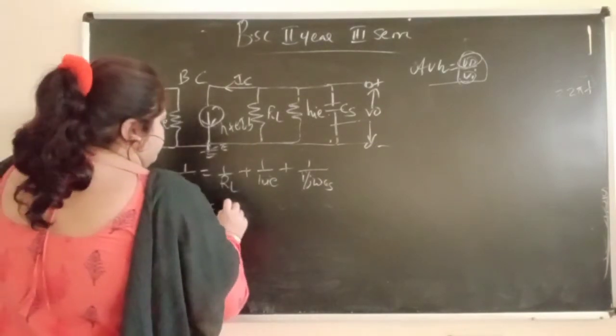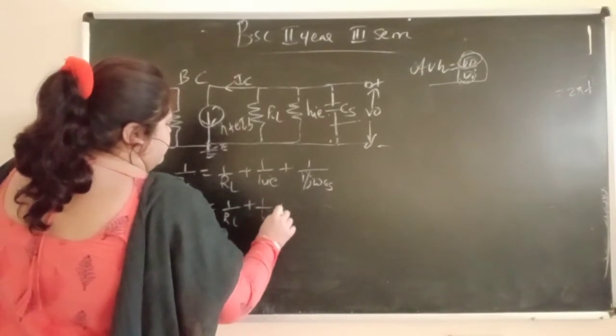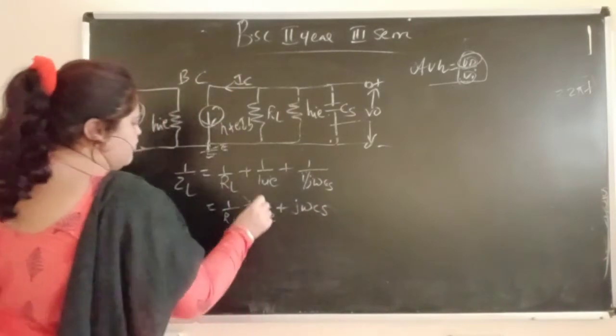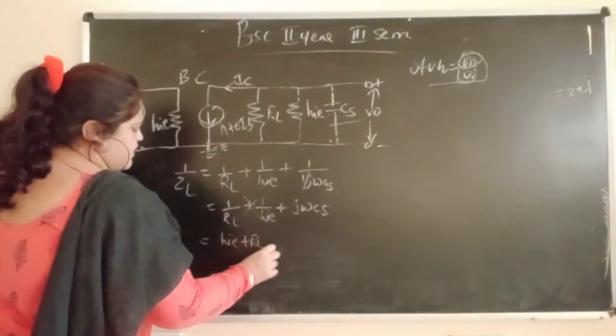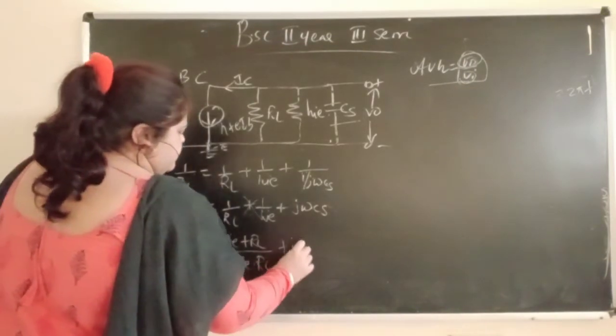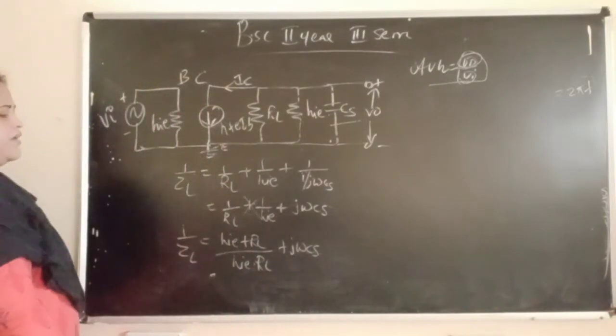So 1 by 1 by j omega CS will become j omega CS. It becomes 1 by RL plus 1 by HIE plus j omega CS. Now cross multiply: HIE plus RL by HIE into RL, plus j omega CS. This is 1 by ZL only till here.